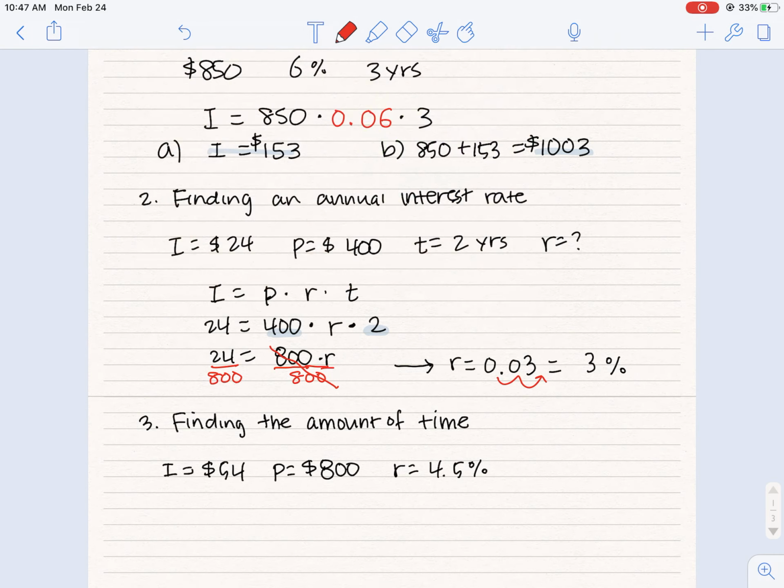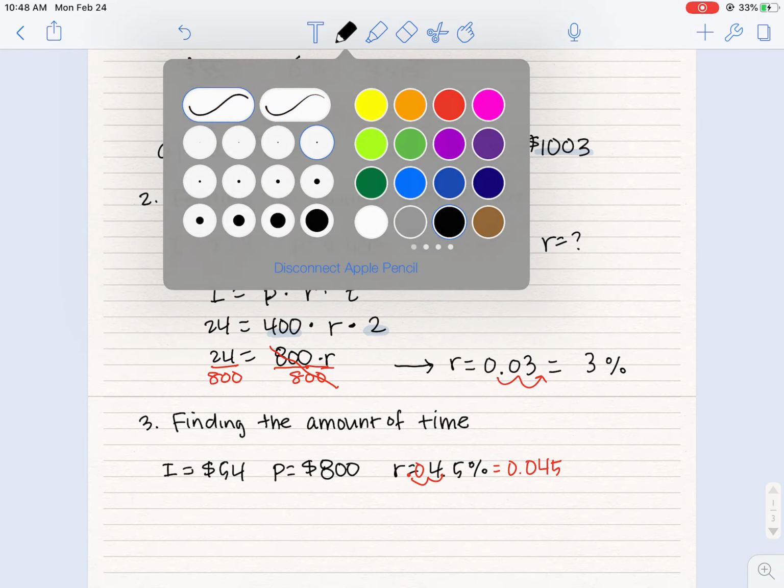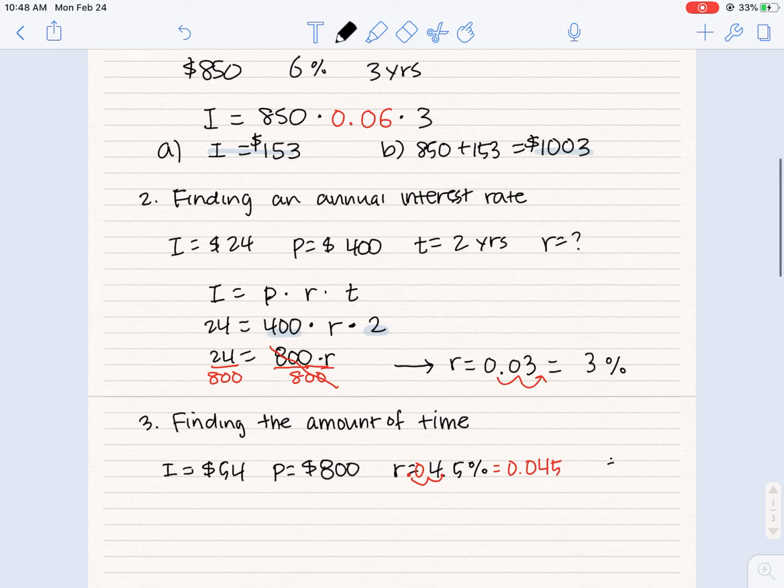Now, if the rate is 4.5%, I'm just going to change this into 0.045, and that's going to be the number that I'll be using for this question, and I don't know what t is going to be.